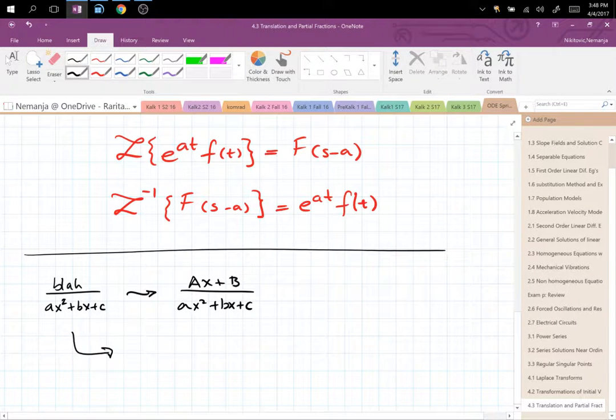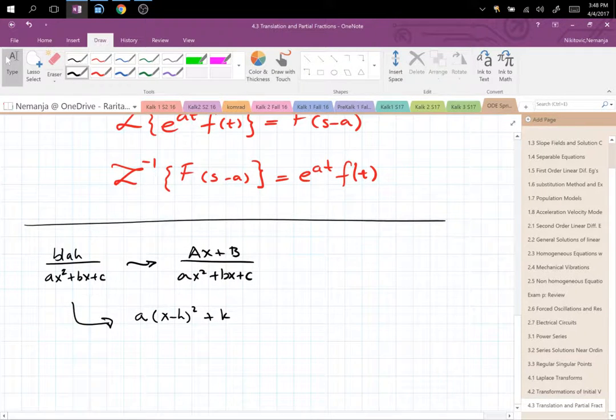So you can complete the square and get some kind of x minus h squared plus k.